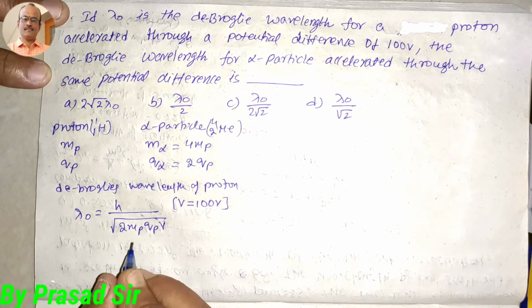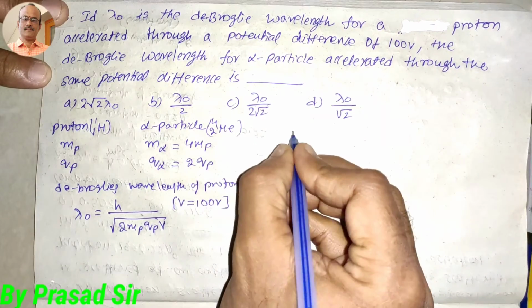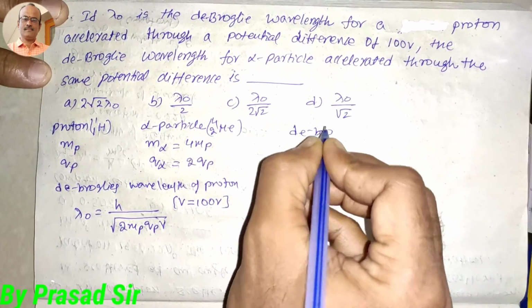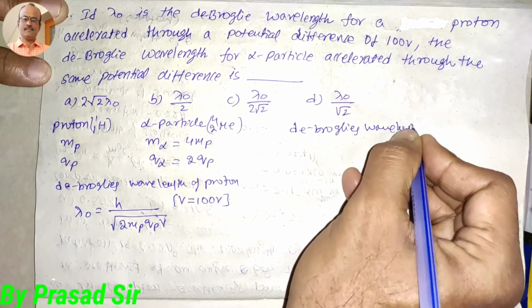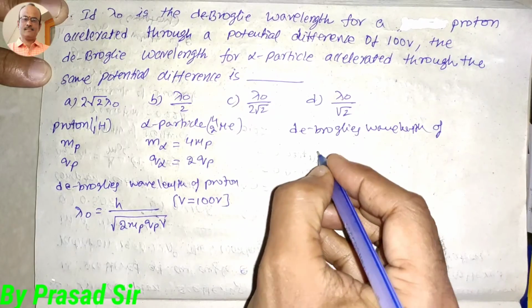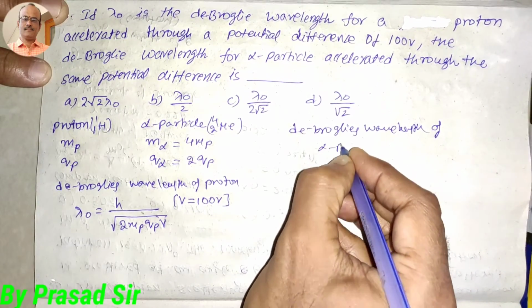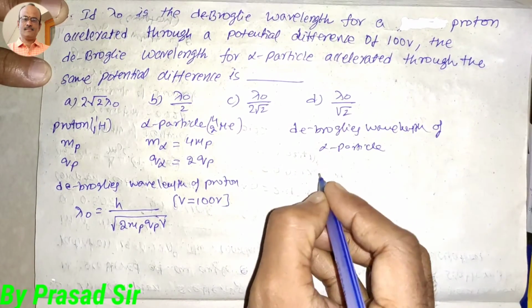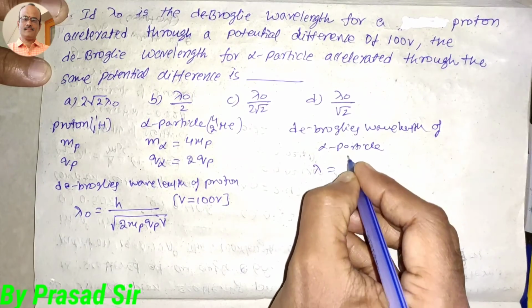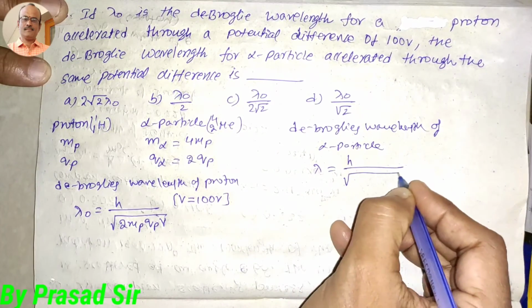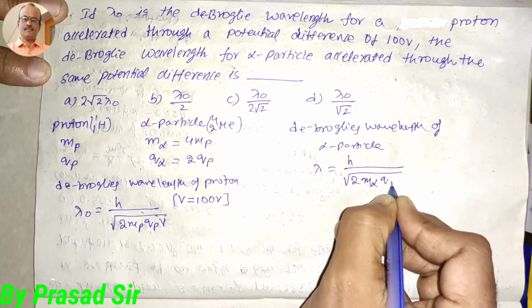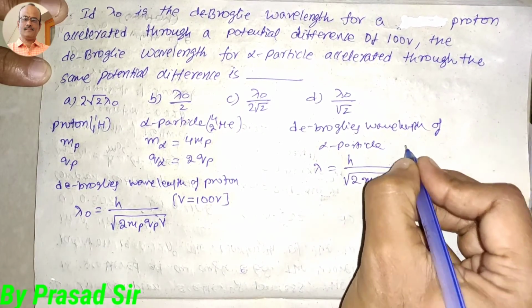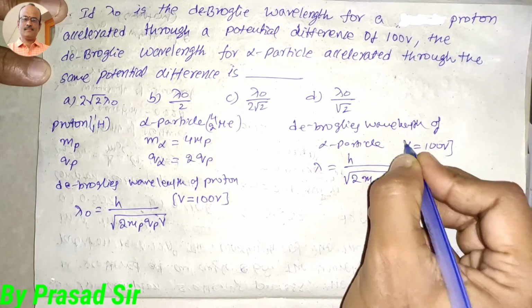But for alpha particle also the same potential difference they applied. Now here the de Broglie's wavelength of alpha particle, that is lambda is equal to h divided by square root over 2 mass of alpha, charge of alpha, and potential. Here also potential is equal to 100 volts.